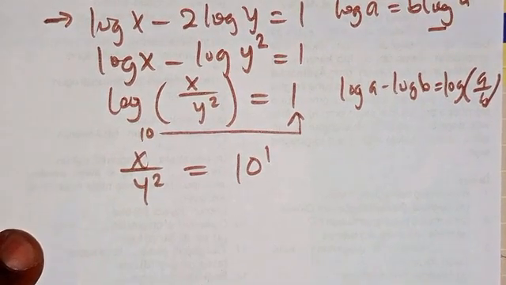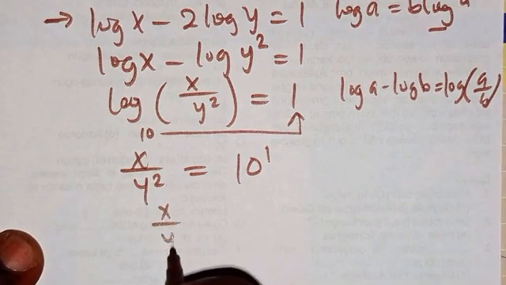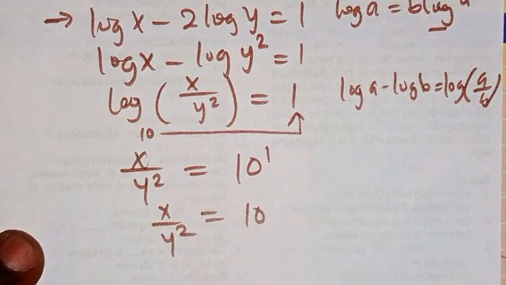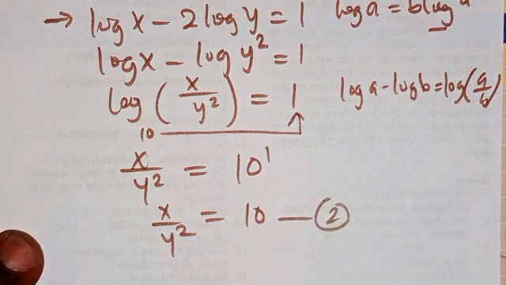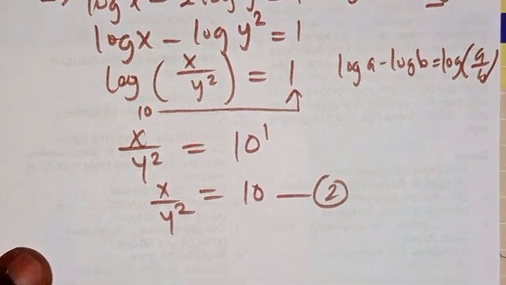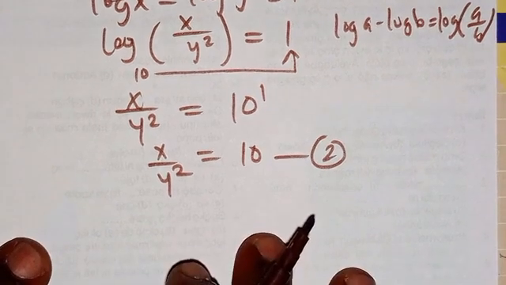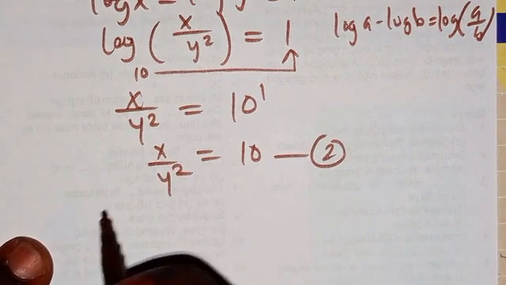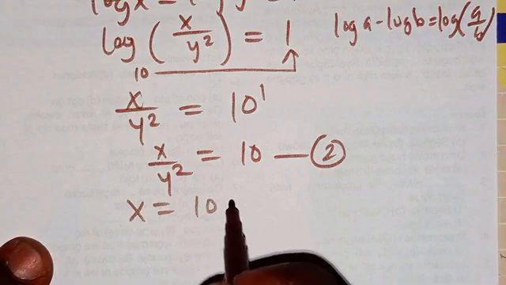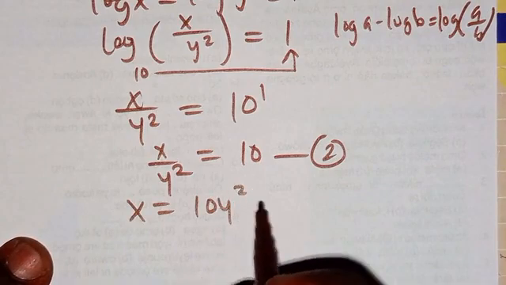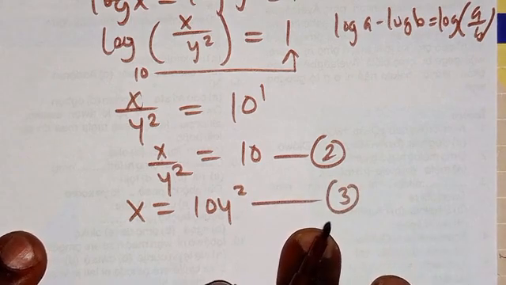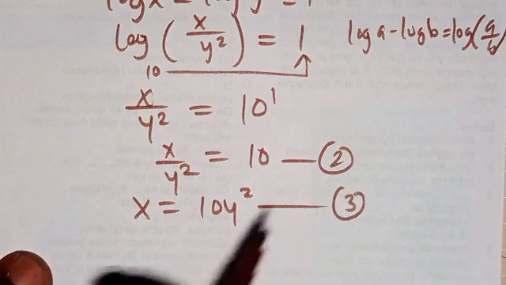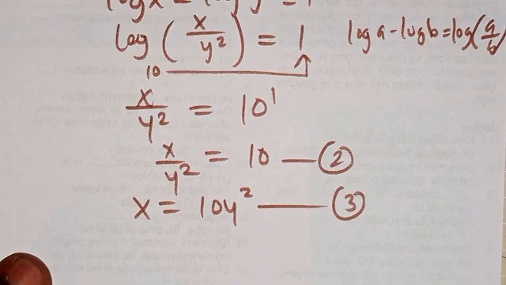So from there, we can see that x over y squared equals 10. Let's call this equation 2. Having this equation 2, we can rewrite it in this form: x equals 10 multiplied by y squared. Let's call this 3. Now from 3, can I do something to it? I'm going to do something that seems crazy, but it is not; it's still the same thing.